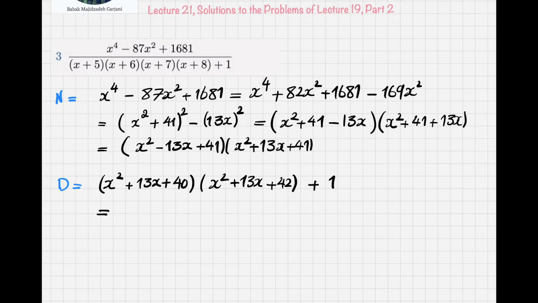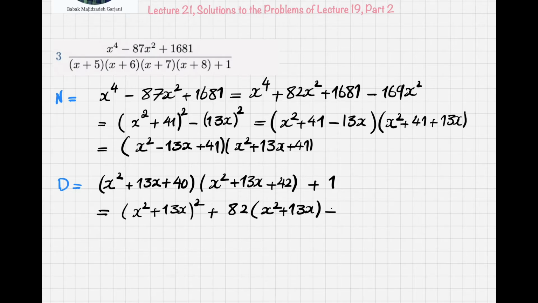Now I give the role of the common term to this, and it becomes common term squared, x squared plus 13x to power 2. And then I have these two terms added together and multiplied by the common term. So if I add this one and that one, it becomes 82, multiplied by the common term, which is this one.